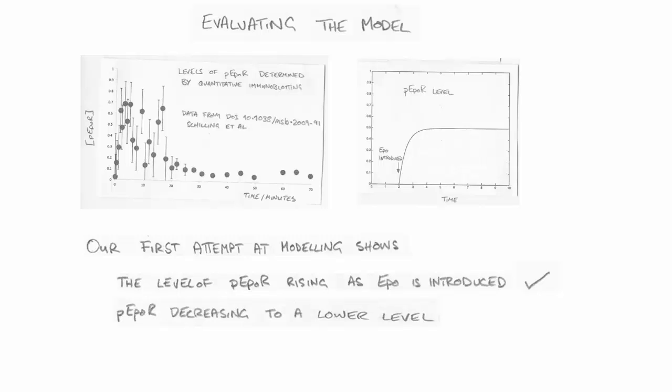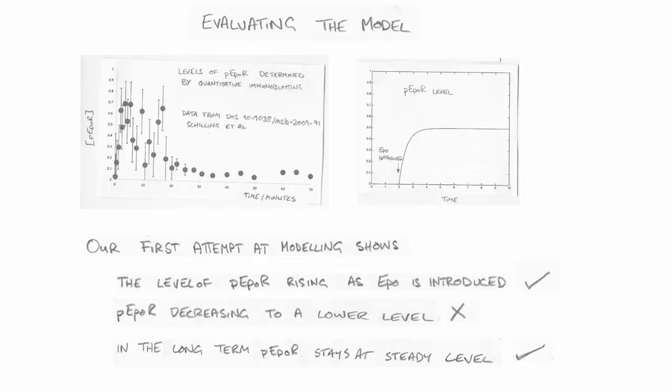Then we see the level of phosphorylated receptors in the experiment decreasing to a lower level. We don't see that in our model. And the final thing I'll mention, that in the long term there's a steady level of phosphorylated receptors, and you might argue that our model also has that behavior, but it's debatable because it's not dropped.